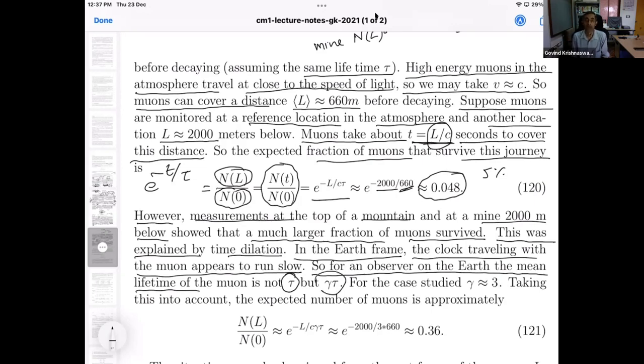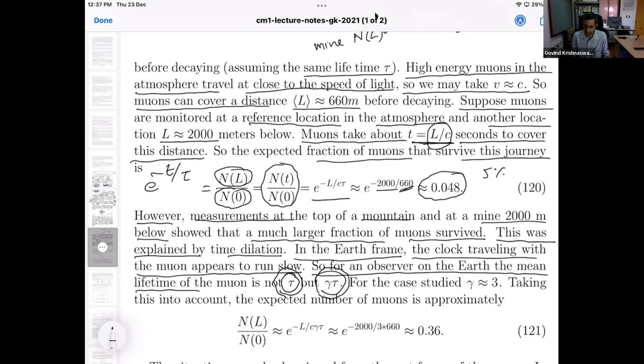That's what we discussed 2 days back: according to the earthbound observer, the muon is traveling at a constant speed, so the clock attached to the muon would run slow. A time tau according to the muon's clock appears dilated according to the earthbound observer, who would assign a time gamma tau to the lifetime of the muon.